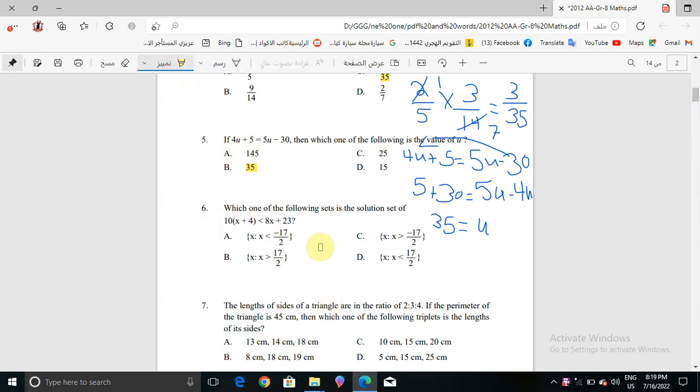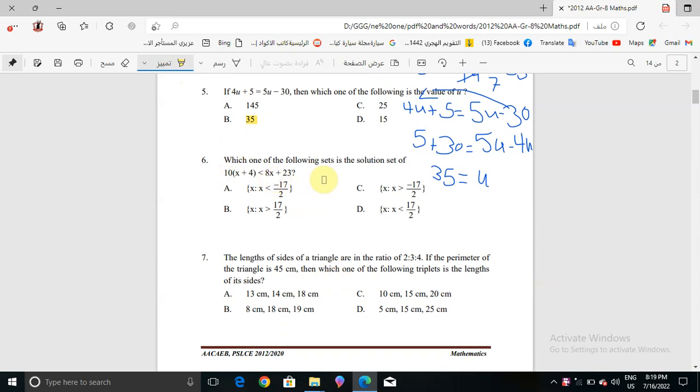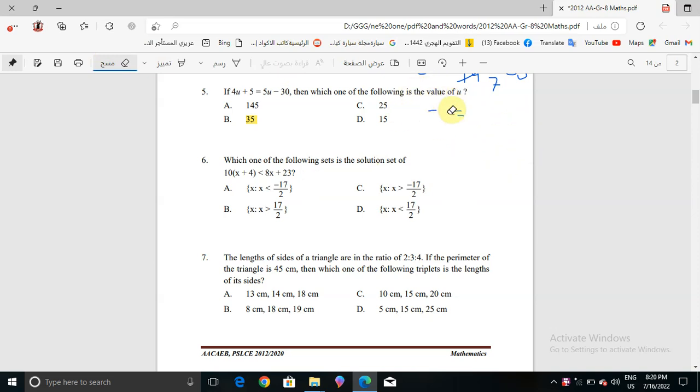Okay, now in question number 6, which one of the following sets is the solution set of 10 times x plus 4 less than 8x plus 23? Okay. Now in this question, it has less than, right?